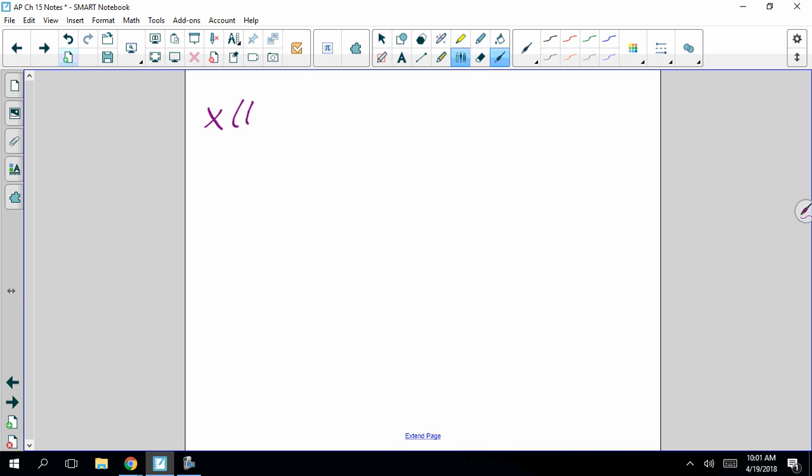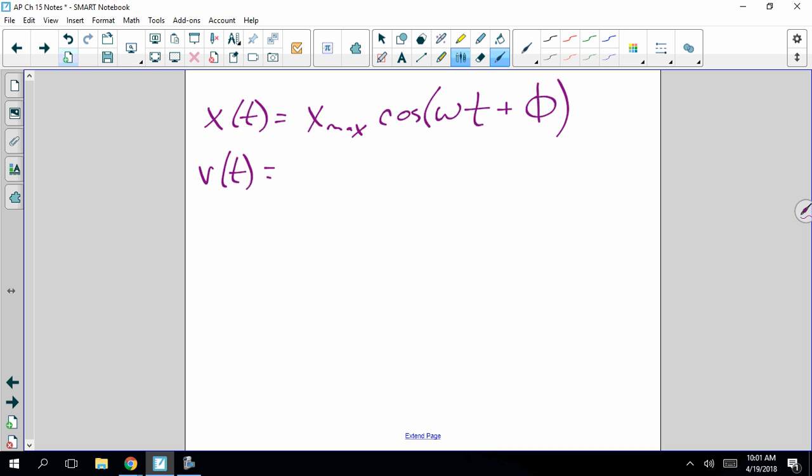So the position at a given time is going to be equal to your maximum position times the cosine of omega t plus phi. Remember, what did omega stand for, you guys? Not angular velocity, but angular frequency, okay? By taking the derivative of this, we can get the velocity at time t.